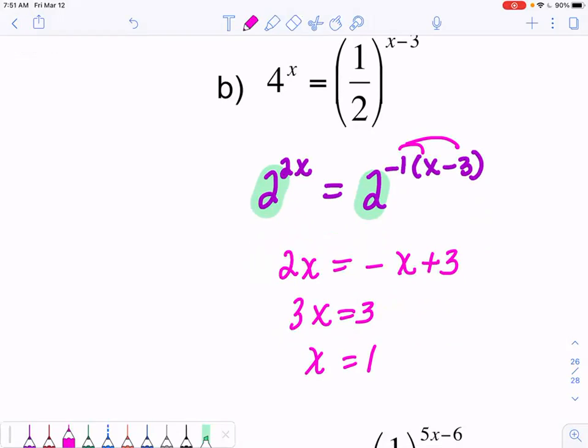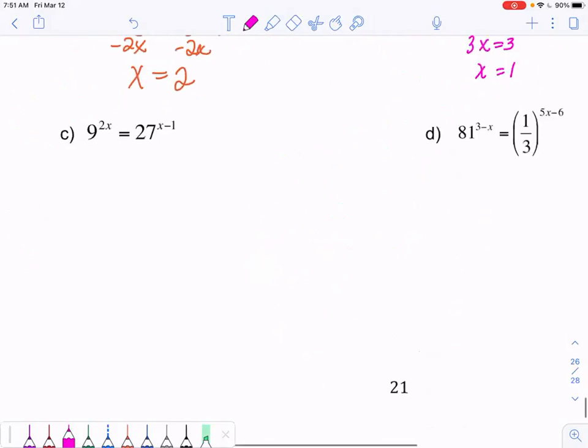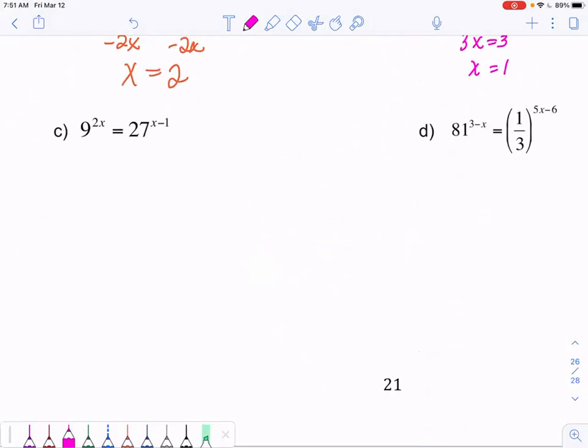Questions? Why don't you try the next pair? 9 to the 2x is equal to 27 to the x minus 1. Try the second one as well. 81 to the 3x minus 3 minus x equals 1/3, and then to the 5x minus 6.